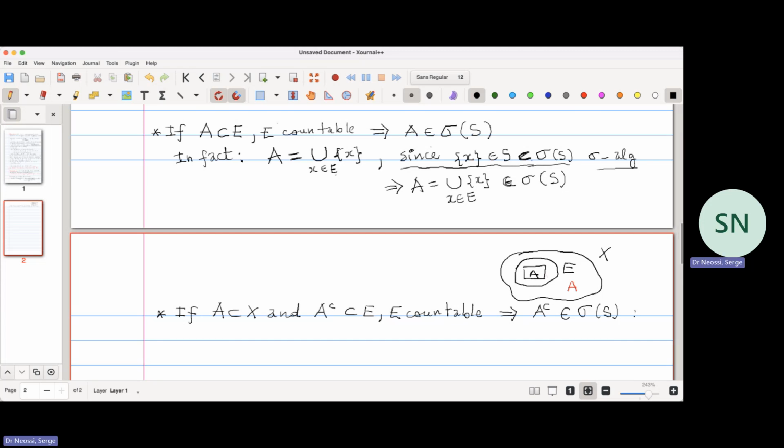But because this is a sigma algebra, it will also imply that A, which is the complement of an element, is also in the sigma algebra generated by S. So that's stability by complement.